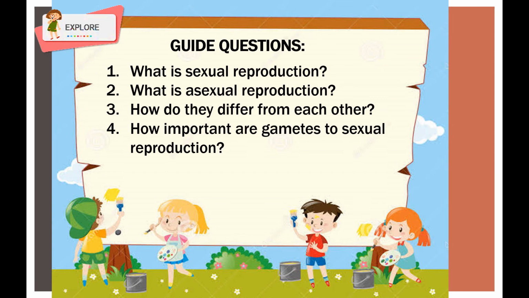For the guide questions, we have number 1, what is sexual reproduction? Number 2, what is asexual reproduction? Number 3, how do they differ from each other? Number 4, how important are gametes to sexual reproduction?